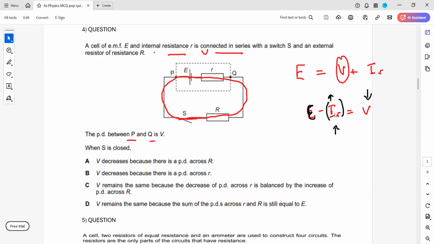So why is the external voltage decreasing? Because there is always some loss voltage within the internal resistance. There's always a loss voltage in the internal resistance if there's a current in the circuit. If there's no current in the circuit, there is no loss voltage.